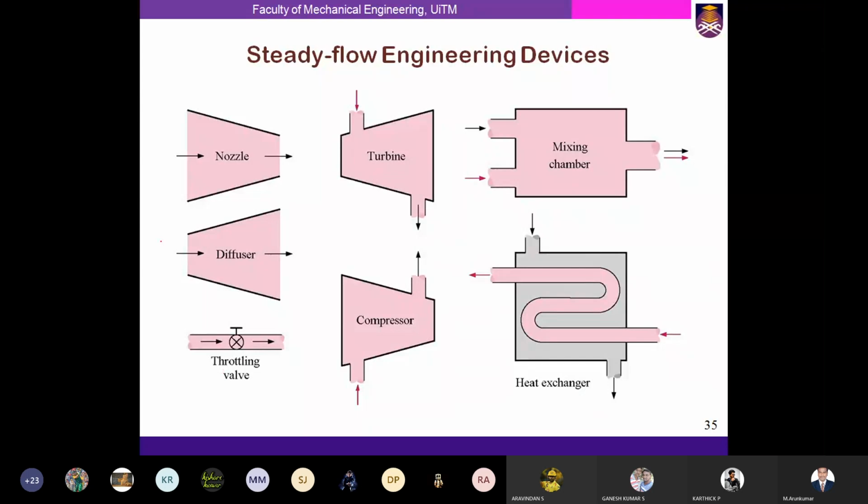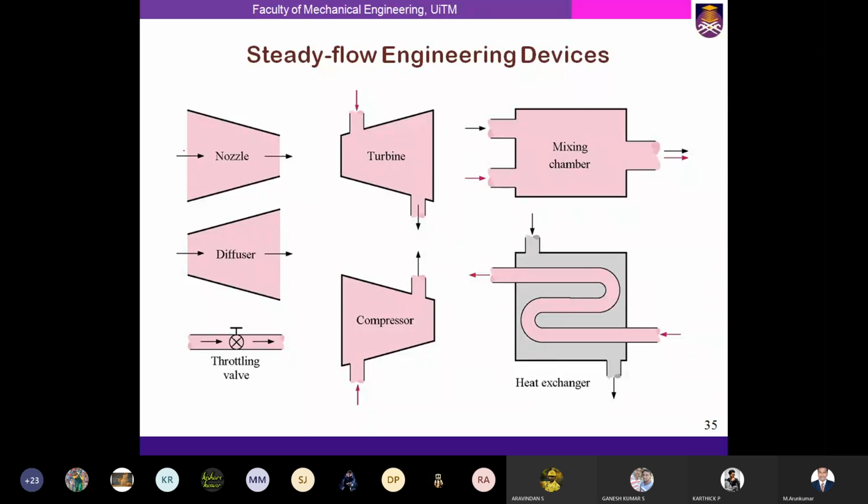So these are some applications of the steady flow energy equation. Nozzle we already discussed in the introduction class. We know what is diffuser, what is turbine, what is compressor, what is mixing chamber, what is heat exchanger. These are the devices where we use the steady flow energy equation.